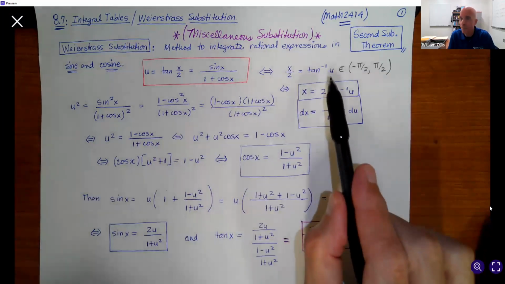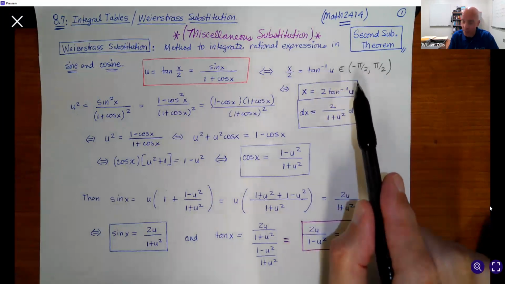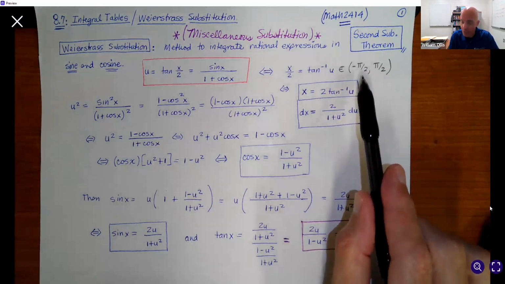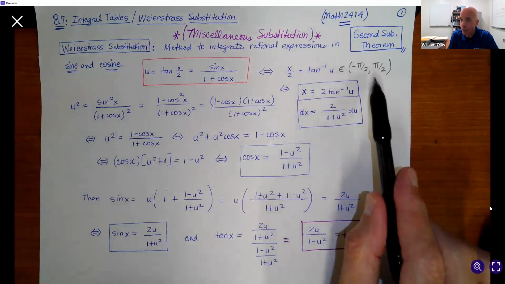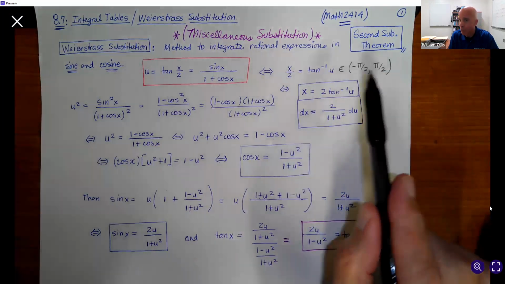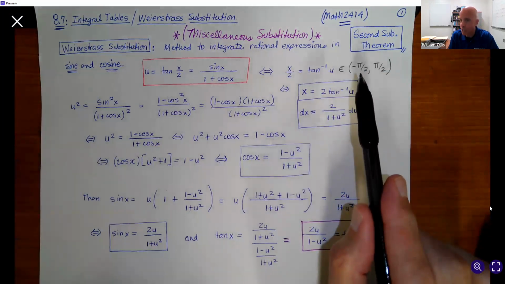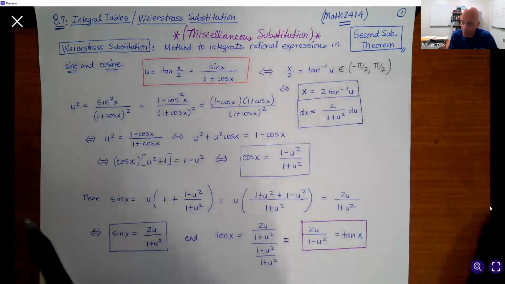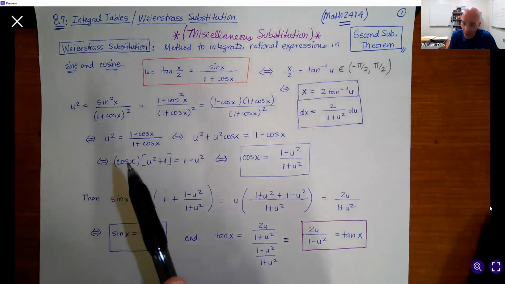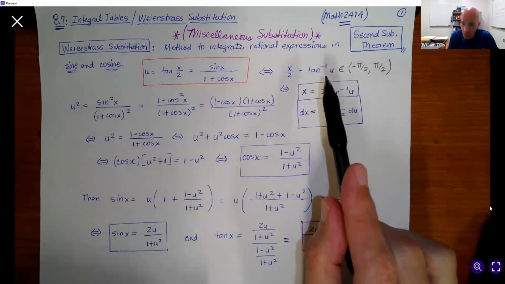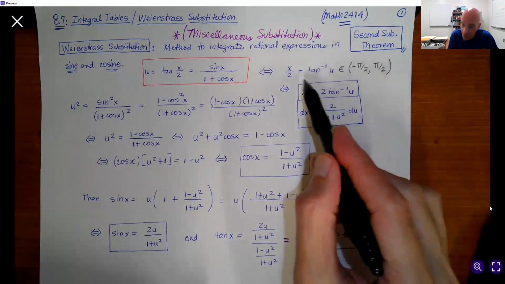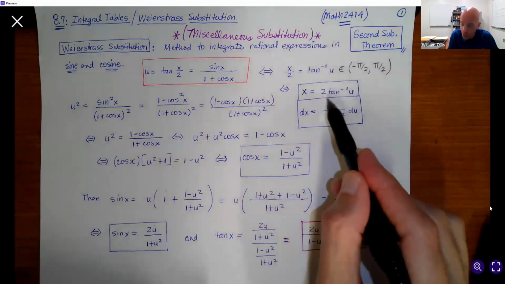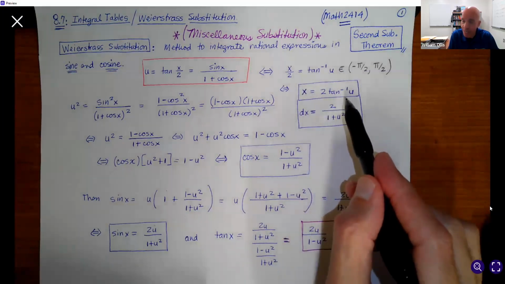And of course, we remember from our pre-calculus studies that the inverse tangent lies in the interval negative pi over 2 to pi over 2. Of course, as we've done trig integrals and trigonometric substitution, we've had to rely on this to make sure that our arithmetic is correct. So now, if you see here, we can go ahead and solve for x. So x is just 2 times the inverse tangent of u.